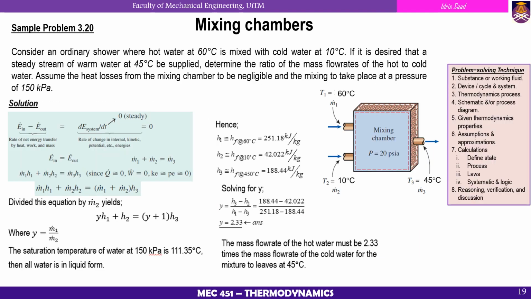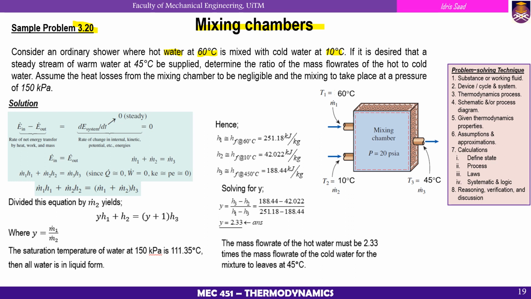This is sample problem 3-22 to demonstrate how we are going to utilize the energy balance equation for the case of a mixing chamber. Let us read the question. It says to consider an ordinary shower where hot water at 60 degrees Celsius is mixed with cool water at 10 degrees Celsius.